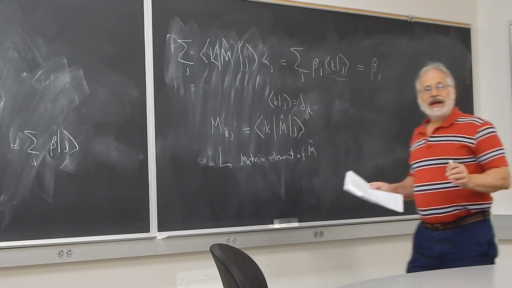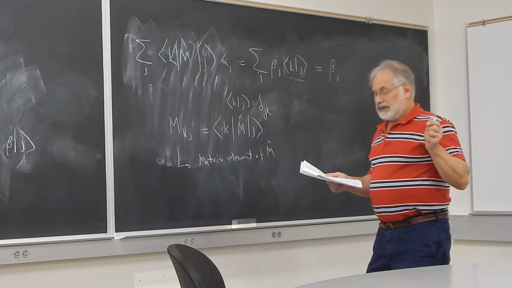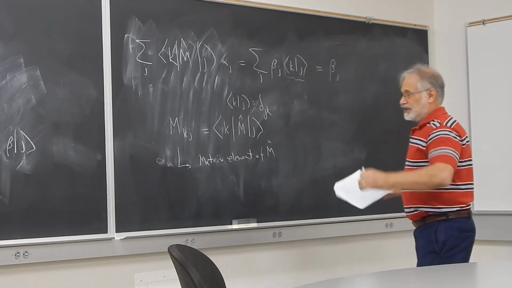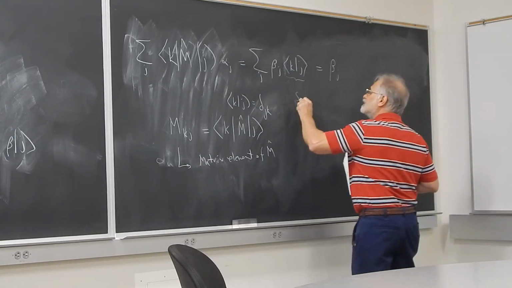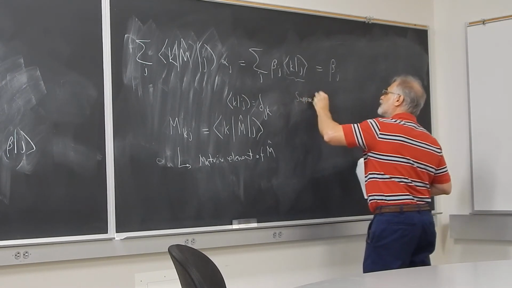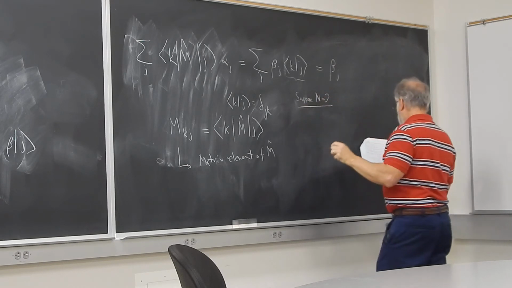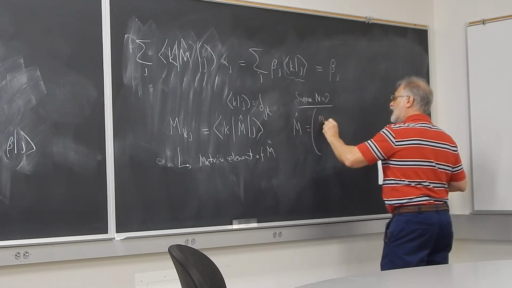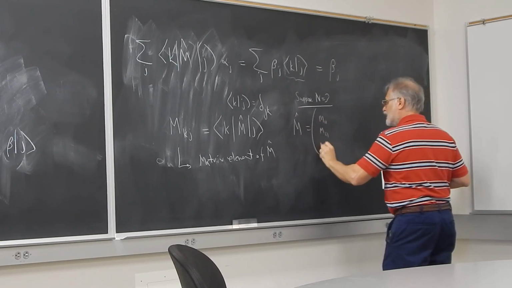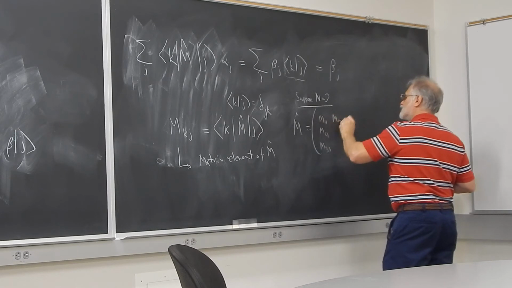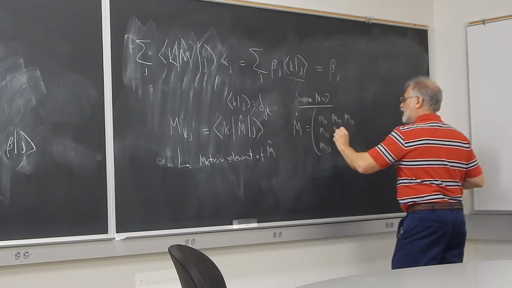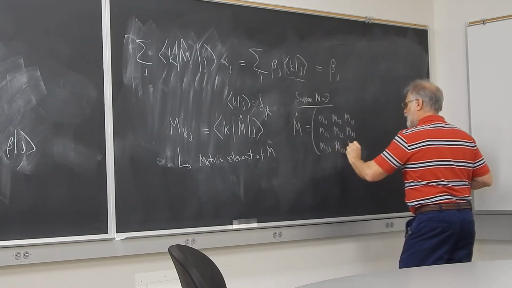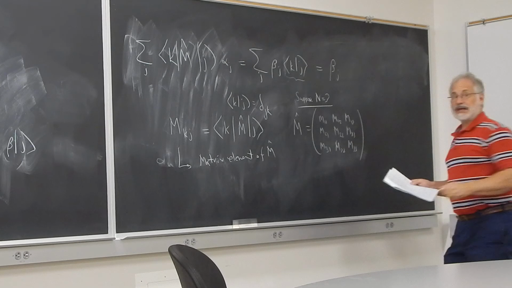Furthermore, we can arrange the matrix elements in a square n by n matrix. So for example, suppose n equals 3. We can arrange our matrix elements in M as M11, M21, M31, M12, M13, M22, M23, M32, M33. So it looks like a real matrix.